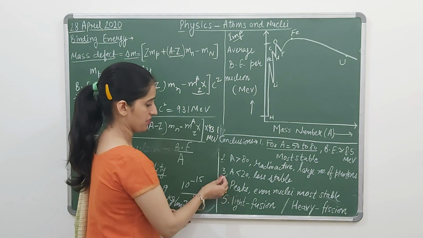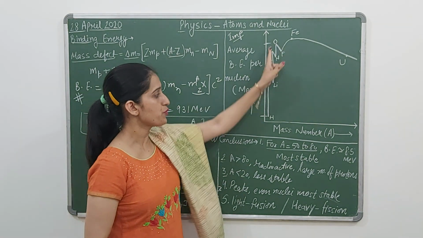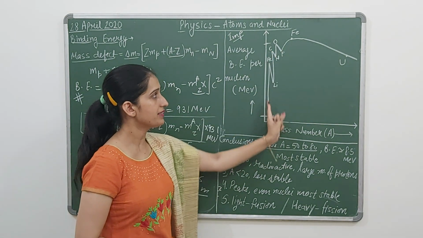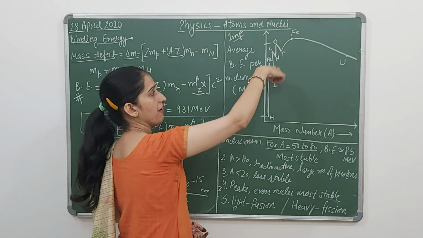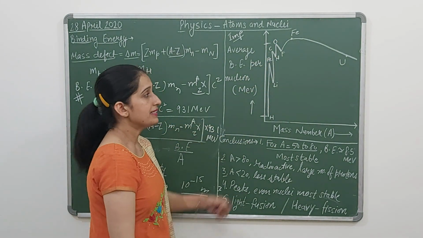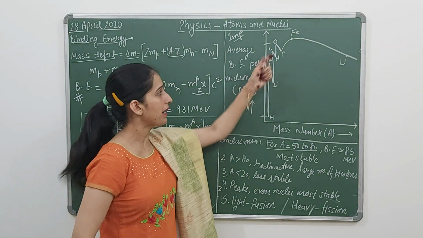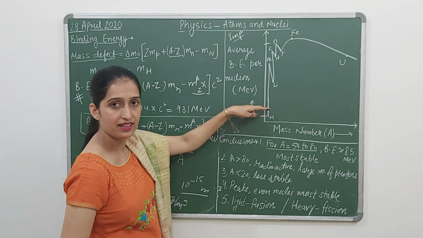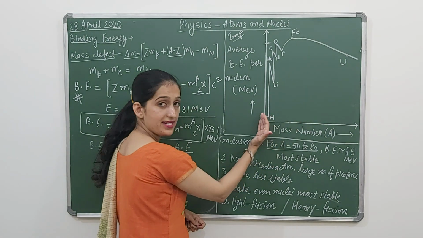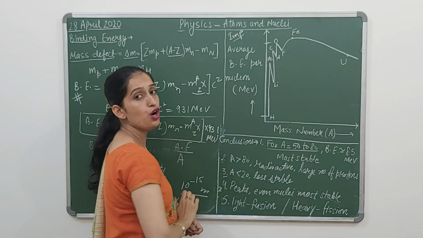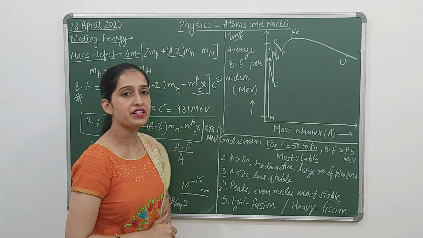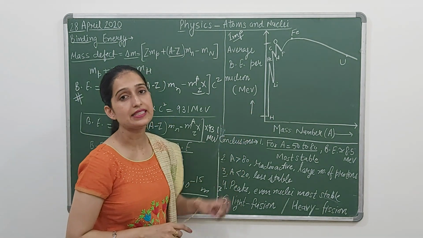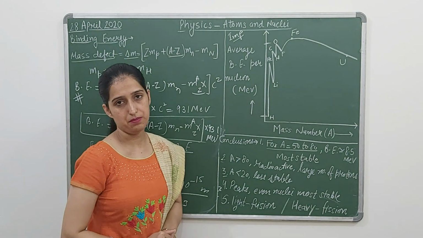Now the third point, for A less than 20, in this graph, where there is not a single smooth curve, we have a few peaks also. These are also showing binding energy is decreasing. As mass number is decreasing, binding energy is also decreasing. They are very light in nature, so it is also showing they are less stable.